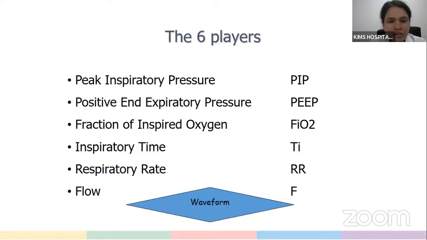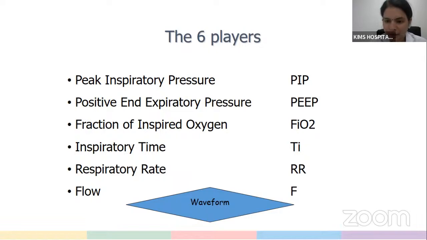We also discussed that there are 6 main players when it comes to the settings in any mode of mechanical ventilation. 2 of them are determined by the severity of disease, irrespective of whatever the underlying etiology for ventilation might be, and these are PIP and FiO2.